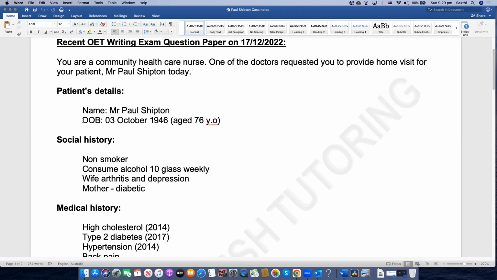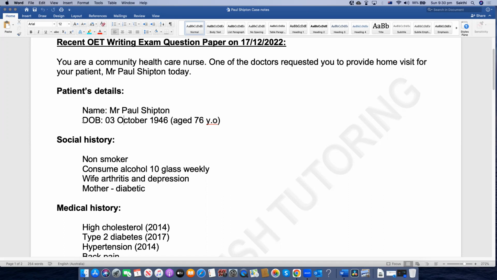As a result, you need to be mindful that you have to look at the case notes only to gather the information. Never ever assume that the question paper is correctly written from the grammatical perspective. From the grammar perspective, it is absolutely incorrect. It will have a lot of grammatical errors. Is this clear with everyone?